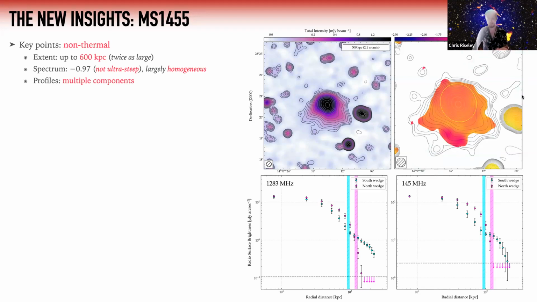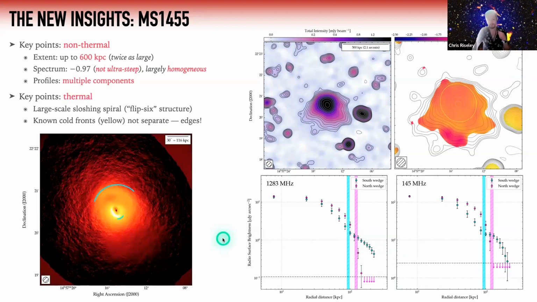We looked at profiles along different directions towards the north and towards the southwest of this mini halo, and we see clear evidence of multiple components, because you can't fit a single exponential profile here. Well, you probably can to the north wedge, because the surface brightness drops off precipitously, but certainly along this southern direction, we see clear evidence of a second component emerging.